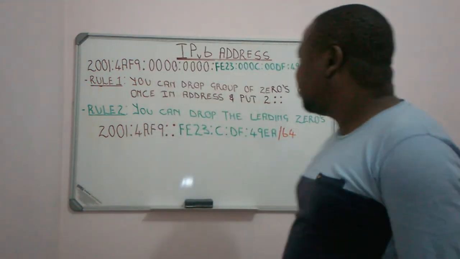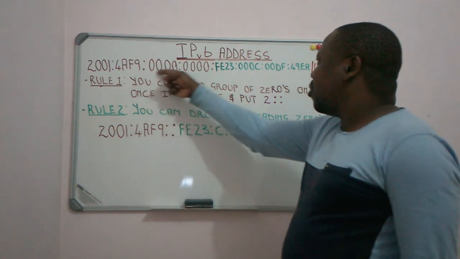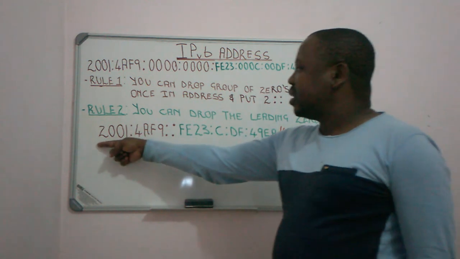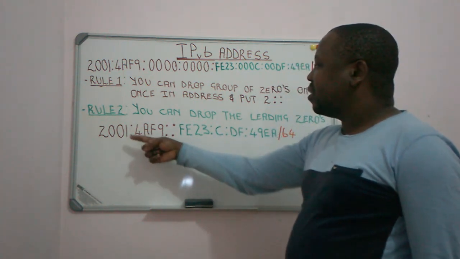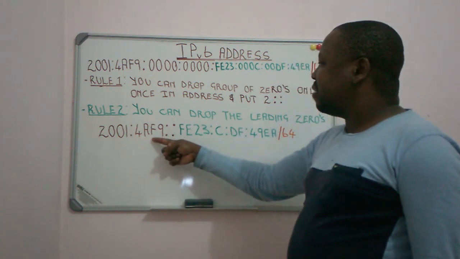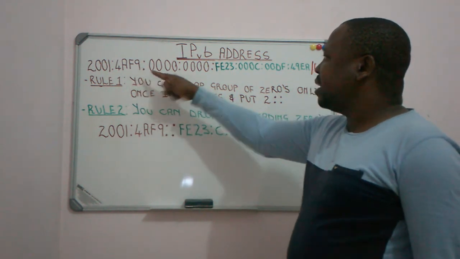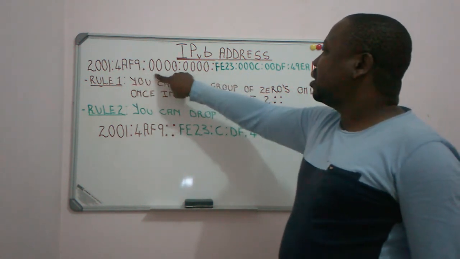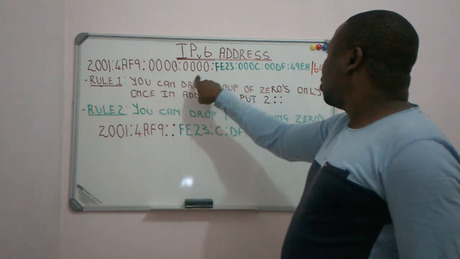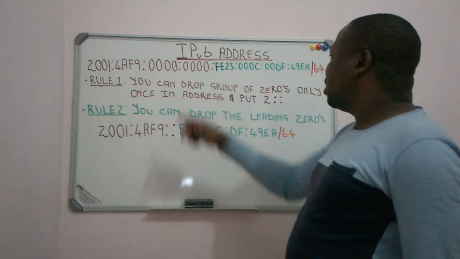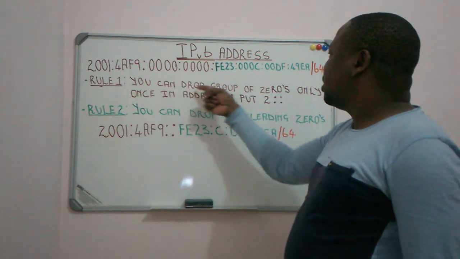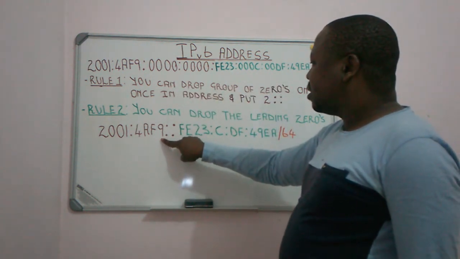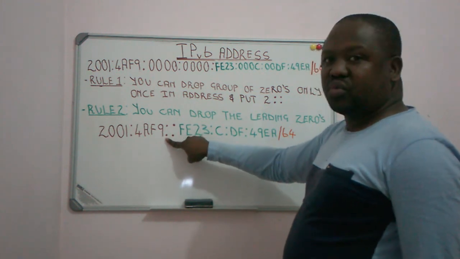For example, in our address here, 2001 remains 2001, 4AF9 remains 4AF9, and we have our 2 groups of zeros. So we apply the first rule of dropping the group of zeros and representing them with 2 colons.